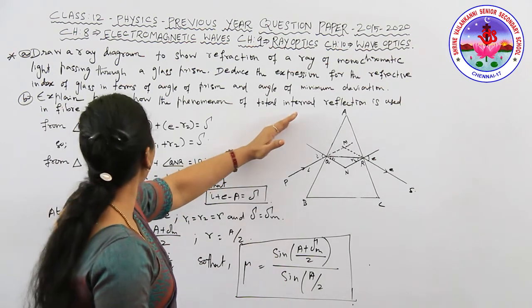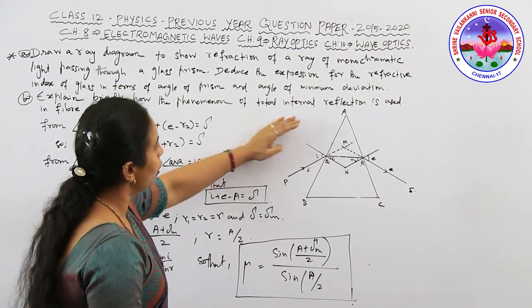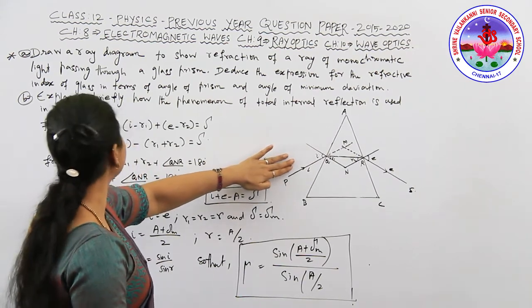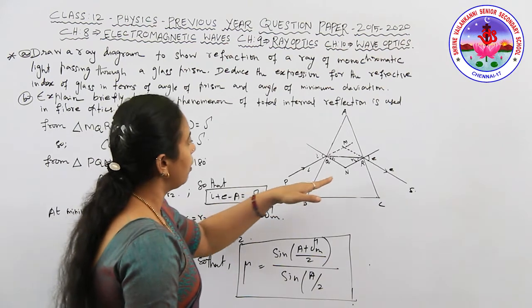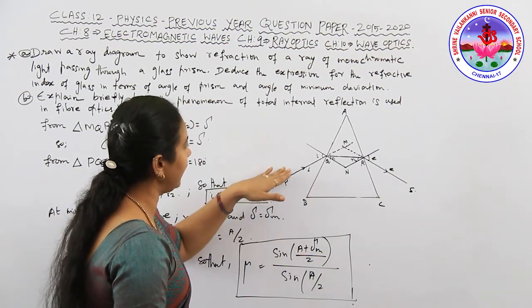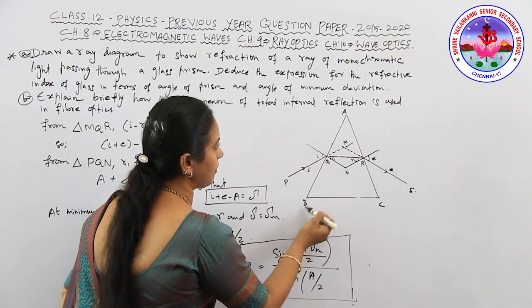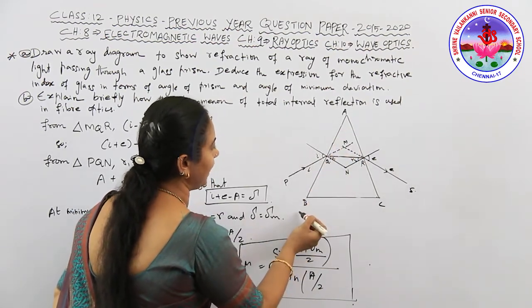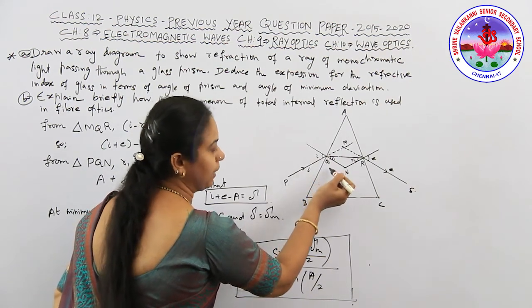See, you have to draw the ray diagram to show the refraction of the ray of monochromatic light passing through a glass prism. You have to draw a prism, then the incident ray which is passing through one face of the prism, that face we have taken as AB. So the incident ray passes from the rarer medium to the denser medium.